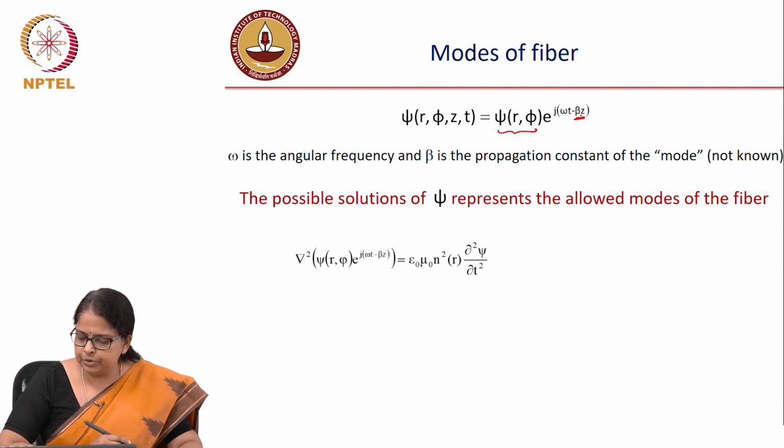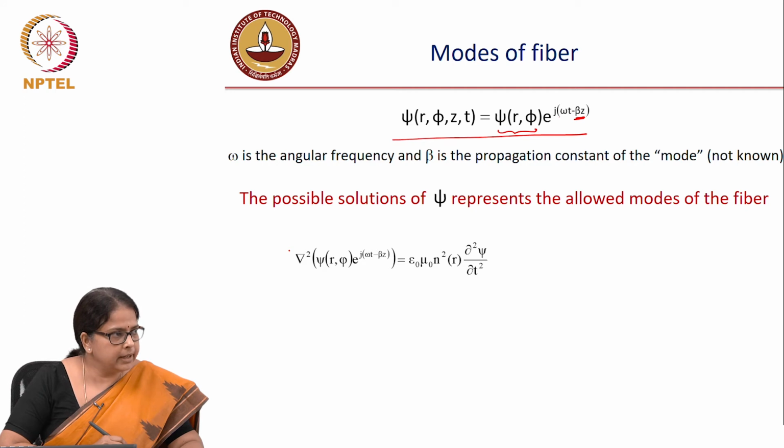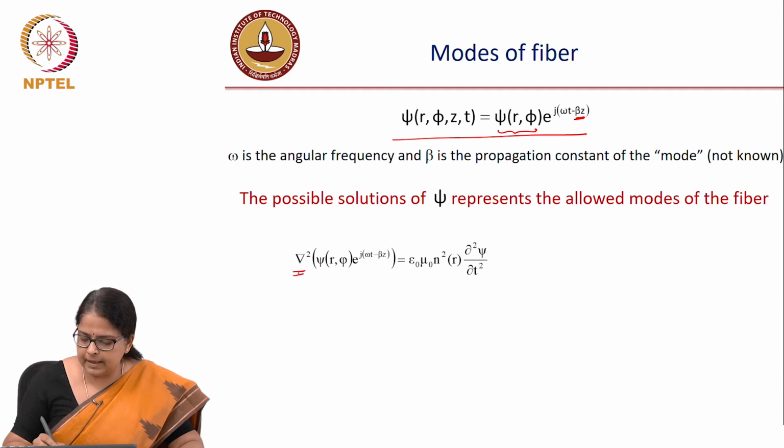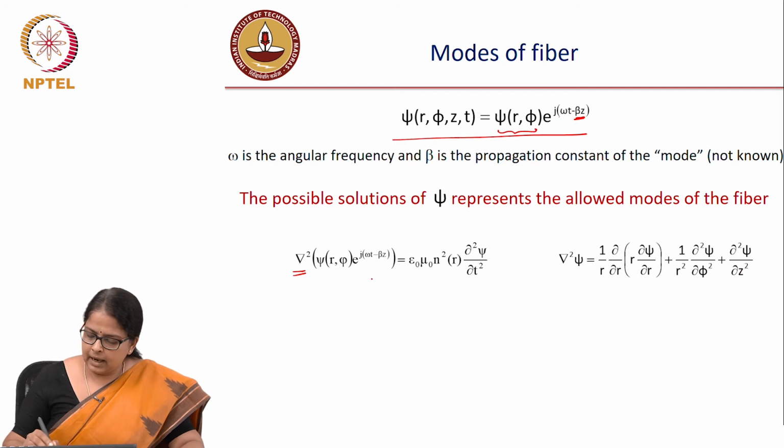What we are going to do is substitute this solution into the wave equation, and you have to solve this second order differential equation. As I said earlier, we will replace del square with its cylindrical form: 1 by r del by del r of r del psi by del r, plus 1 by r square del square by del phi square, plus del square by del z square, and del square by del t square remains as it is.